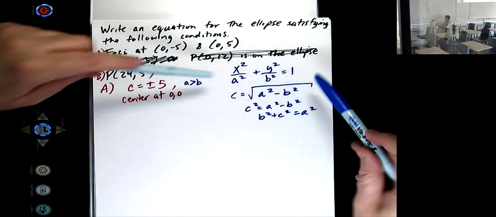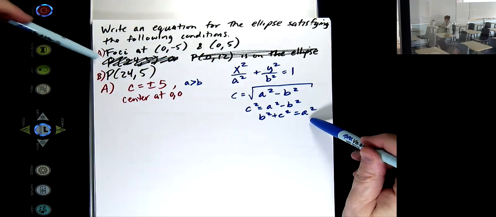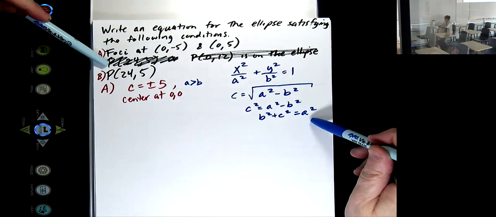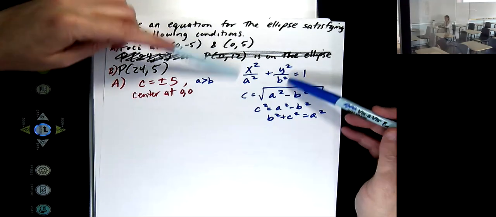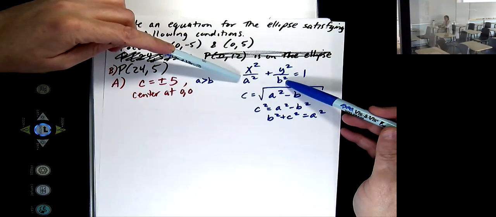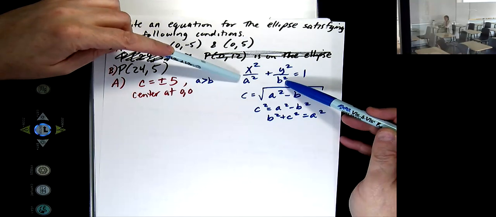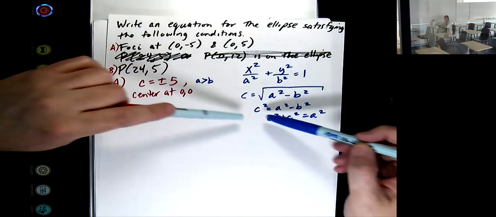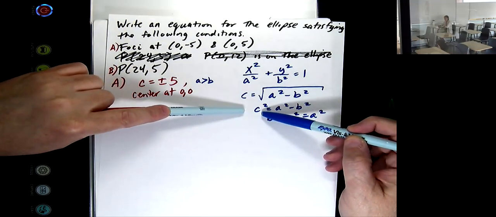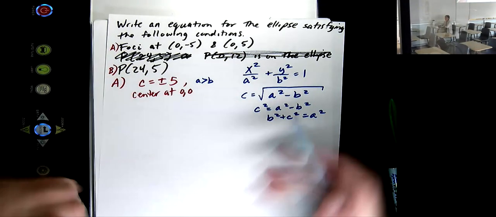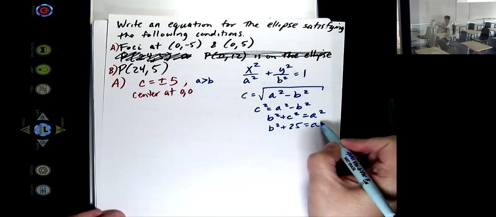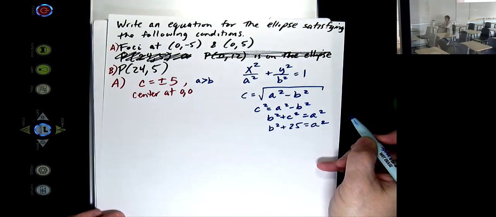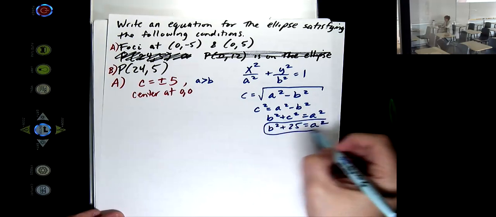I have two equations. I have this piece of information right here. I can plug in values for x and y here, but I still have a squared and b squared. I don't know what they are here. I know what c is, so I can get this: b squared plus 25 equals a squared. That's one equation I can work with.